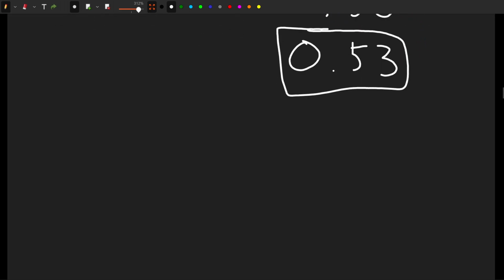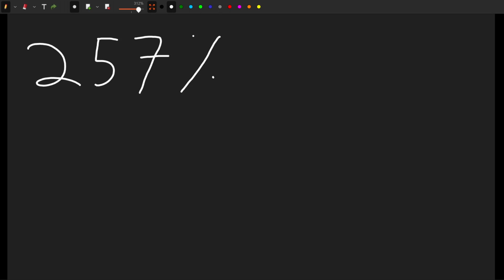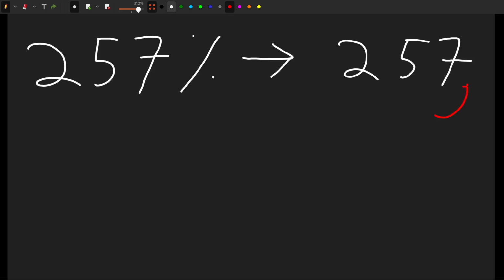Another example is, let's say we now have 257%. So I'm going to go ahead and write that out. To convert it from a percent to a decimal, I'm going to have 257. My decimal point is after the 7. So I'm going to move 2 spots to the left, 1, 2. And I'm going to have 2.57.